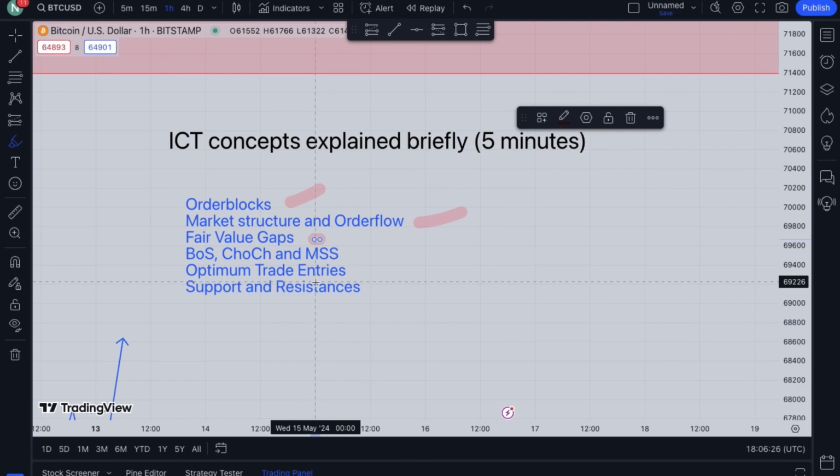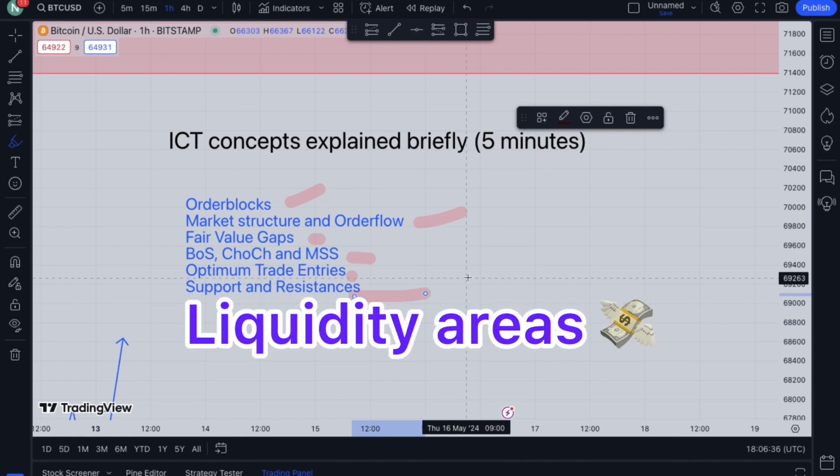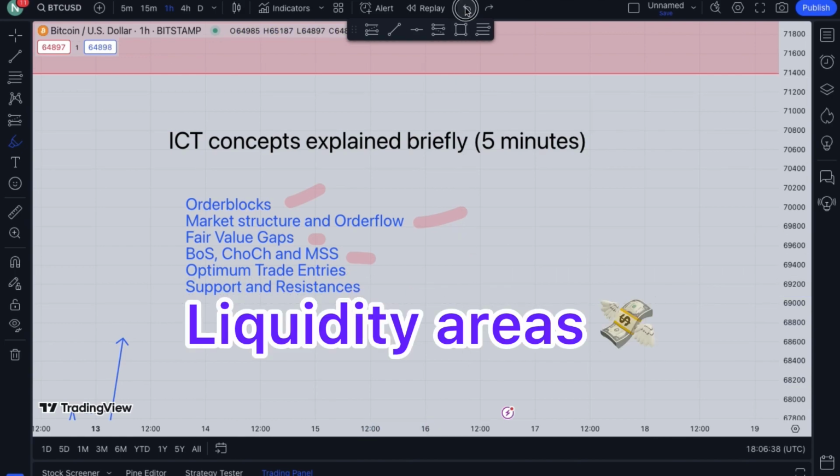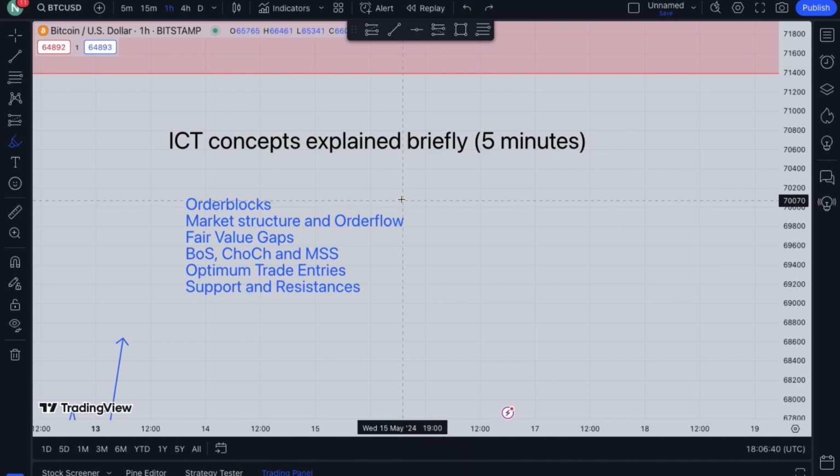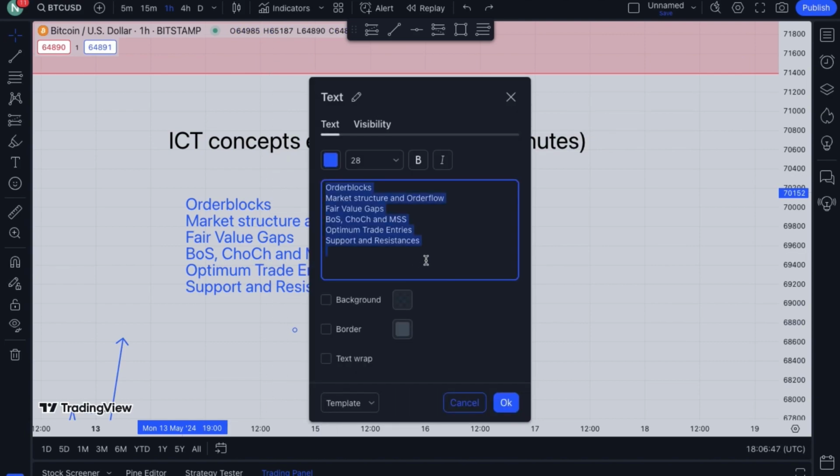Very, very important concepts in ICT. So we're going to look at that as well. Optimum trade entries, and then what you may know as support and resistance, which are actually liquidity areas, or what we call buy stops and sell stops. So we are going to look at that in detail as well, including so many other concepts that I haven't even added here. Let me try and add some.